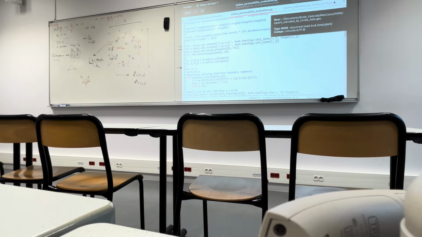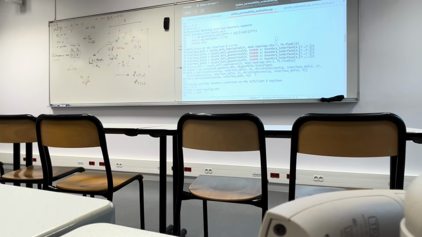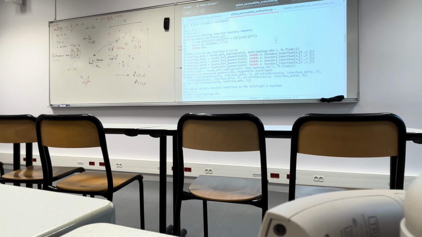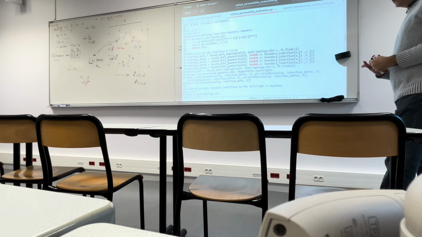Now the point is that now we enter more into the definition of the problem. So we have to specify first of all the boundary conditions, then the weak formulation.